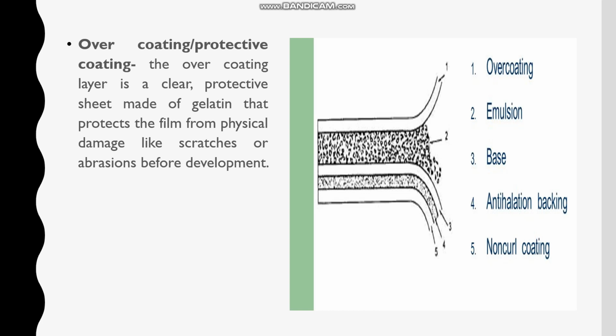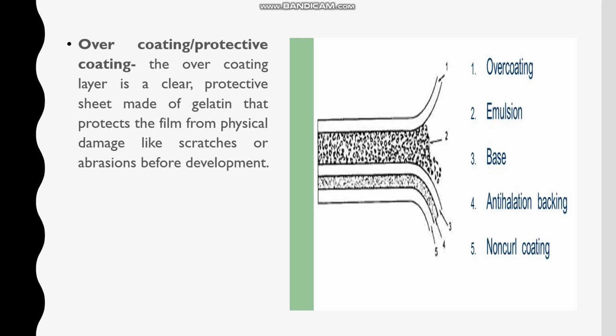There is an oily substance, as we all know, on our hands or our skin, that if transferred to the emulsion, would definitely ruin the film. So, anything aside from the oily hands of people, or other things that can damage the film, that is the job of the overcoating.